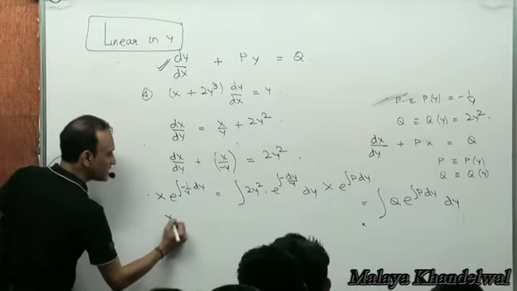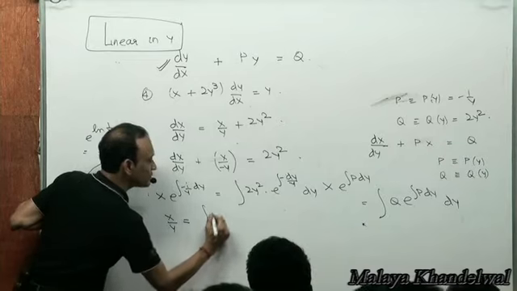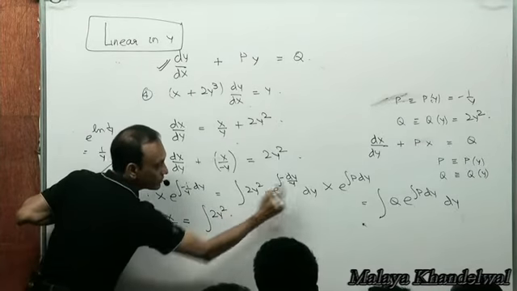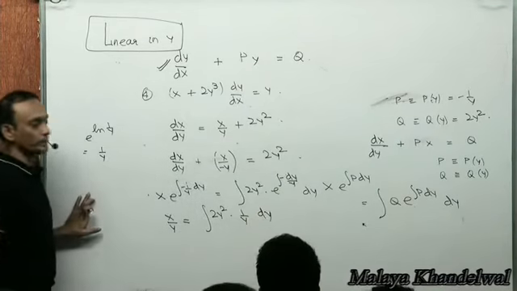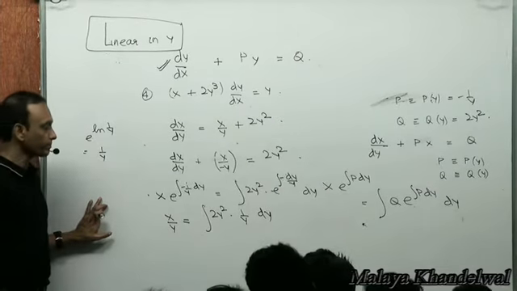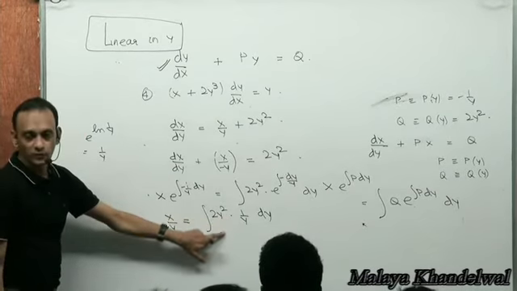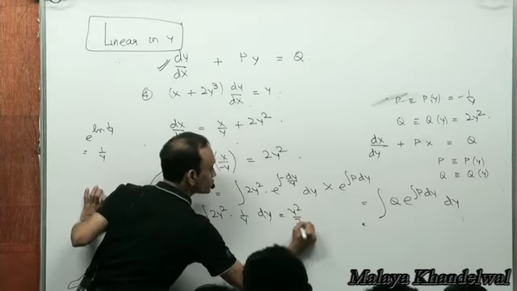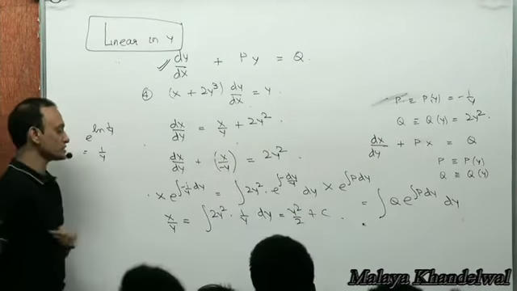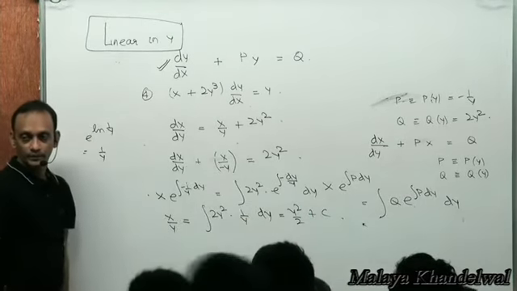So I have x by y equal to integral 2y squared into 1 by y. When I integrate this, I'll get y squared by 2 plus a constant of integration. So x equal to y cube by 2 plus cy.